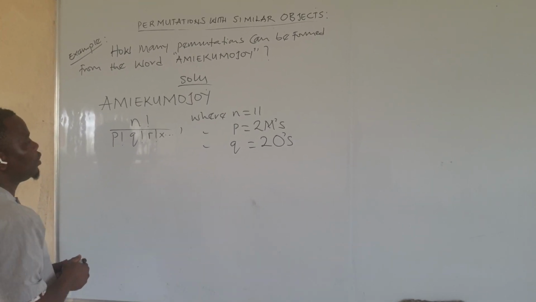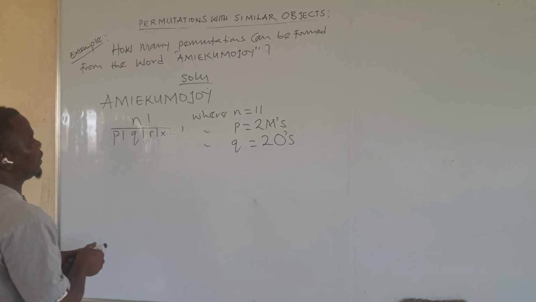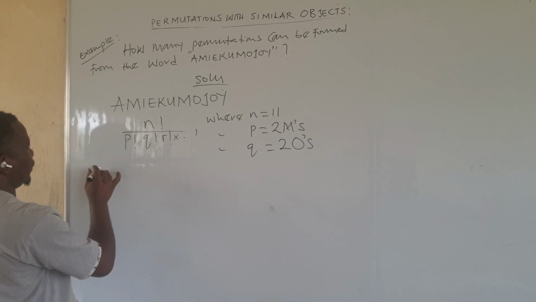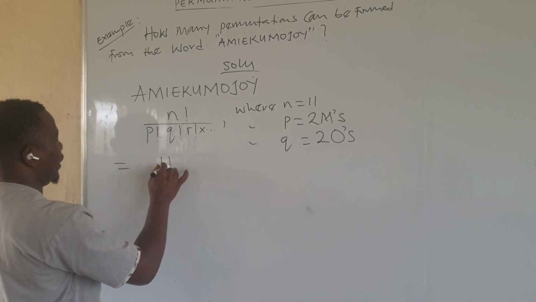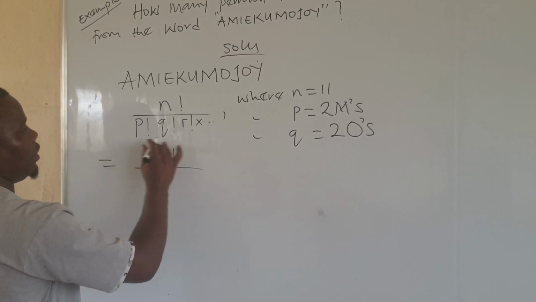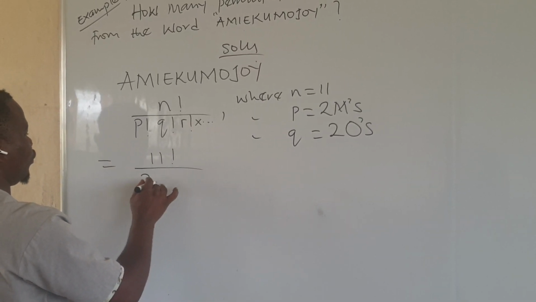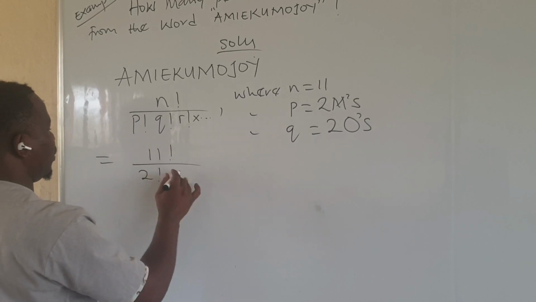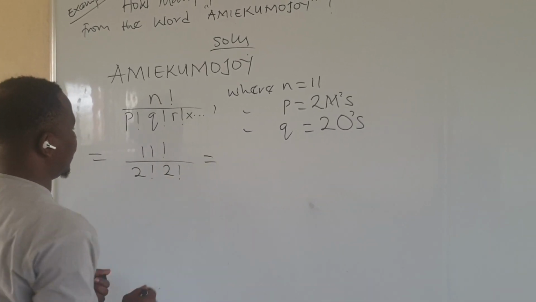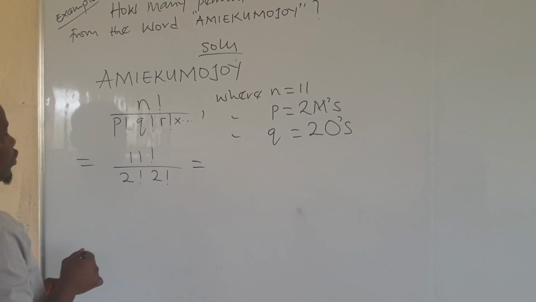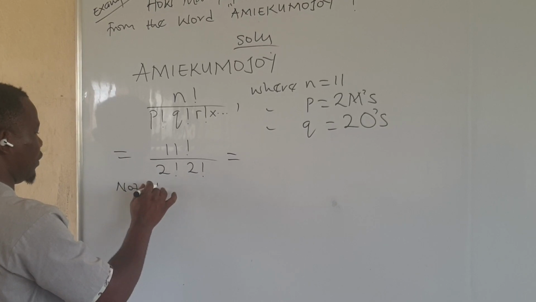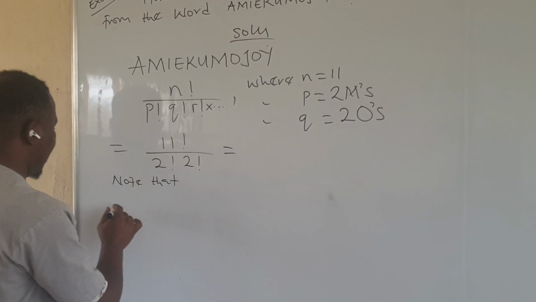So with this we can write that this is equal to 11 factorial all over our P, which is 2 factorial, times our Q, which is 2 factorial.